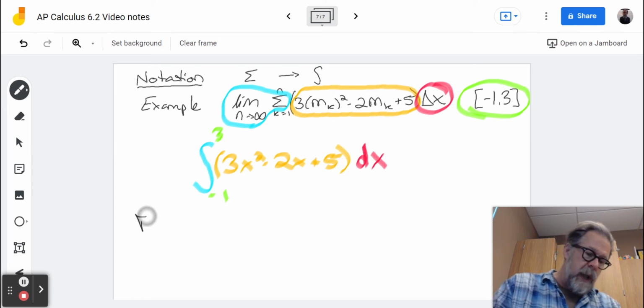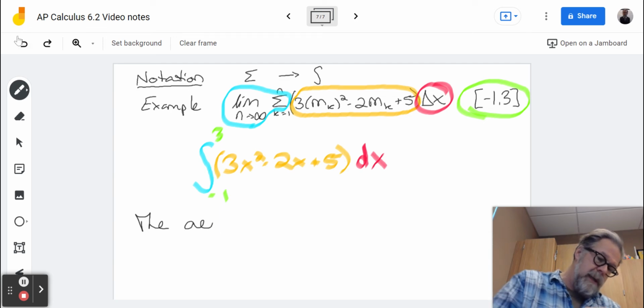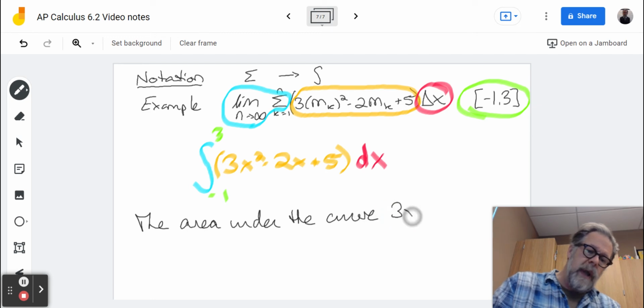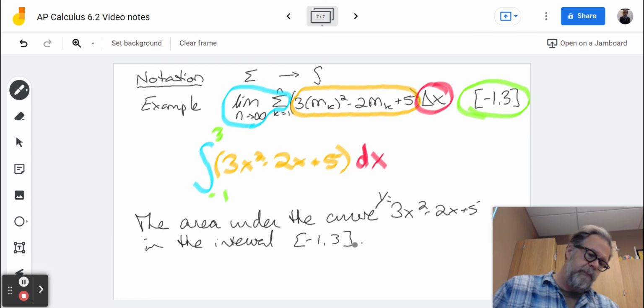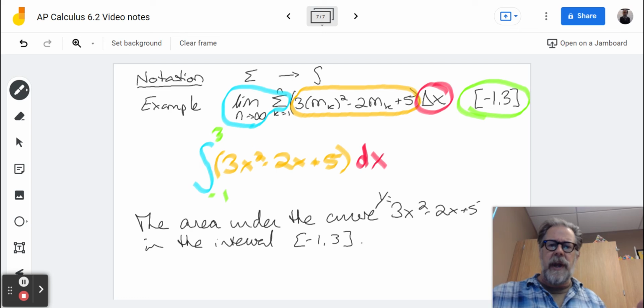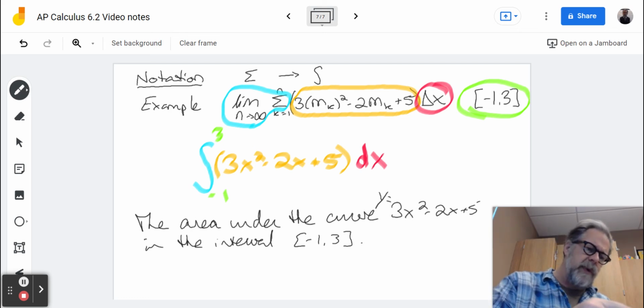Well, this is the area under the curve y equals 3x squared minus 2x plus 5 in the interval -1 to 3. So that's the first one I wanted to show you: what do I do if I have a summation and I want to go over to integral notation?